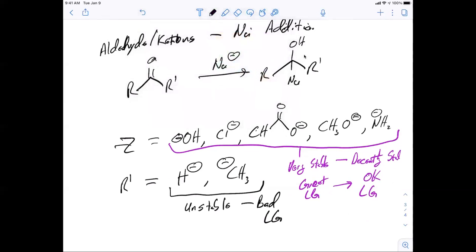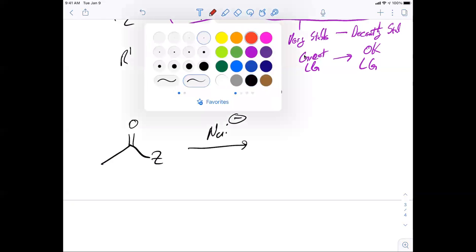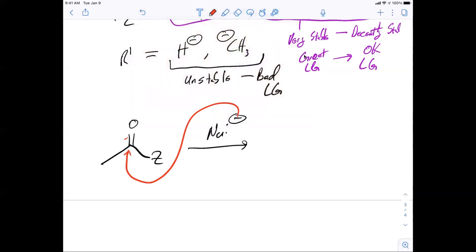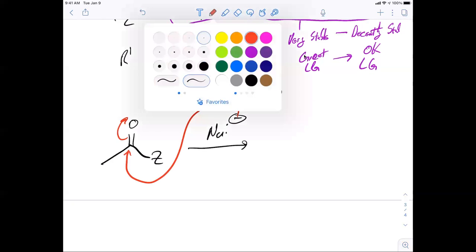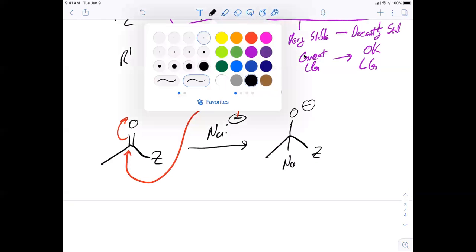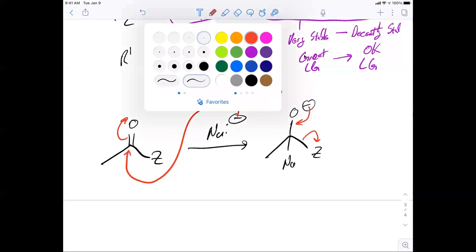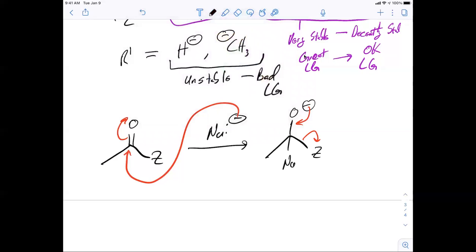So let's look at the mechanism, again generically. If I have my Z on here, it can be anything. First, the nucleophile attacks the electrophile, and I get the tetrahedral intermediate. This is important: it's not a concerted mechanism. Then this can come down and kick off the Z. Could it have come down and kicked off the nucleophile?